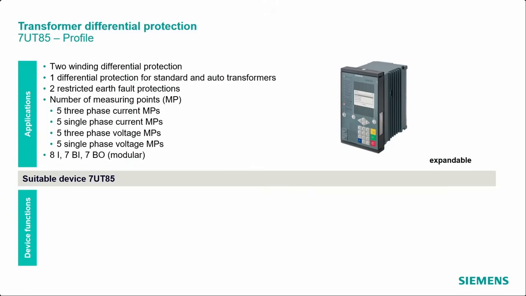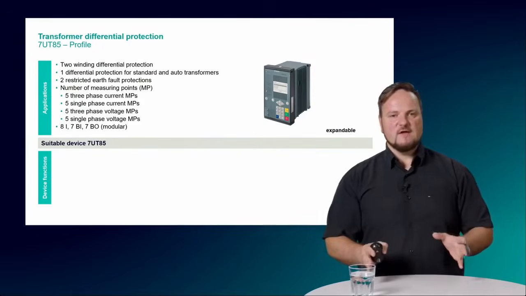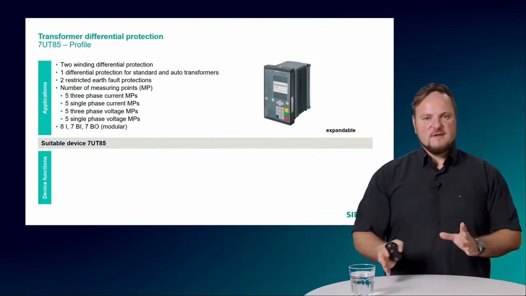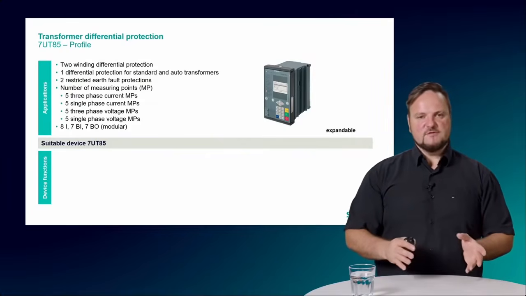Of course, this device is expandable. You can add additional I/O modules to your basic module and select your hardware according to your needs. You can add voltages, currents, binary inputs and outputs, and so on. The limitation for the 7UT85 is more or less the same as for the 7UT82.